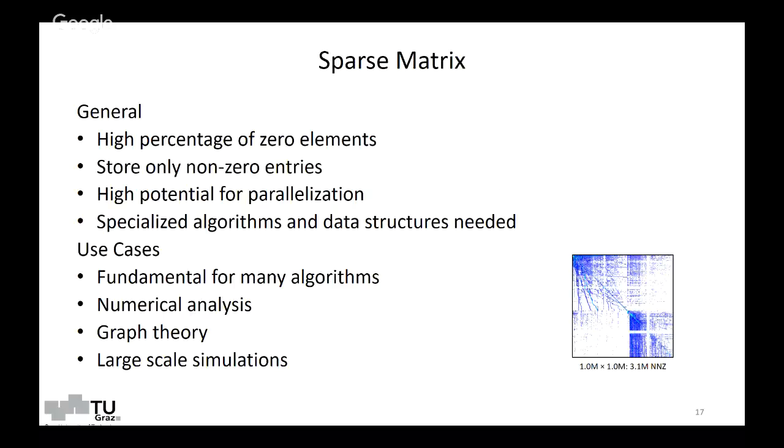So for example, we can have a matrix which is 1 million times 1 million, and then we only have 3.1 million entries, which means we only have about 3 entries on average per row. And then we don't want to store all of this explicitly as a full matrix, but we're just interested in the non-zero entries, because when we do operations with them, they are the ones which will matter.